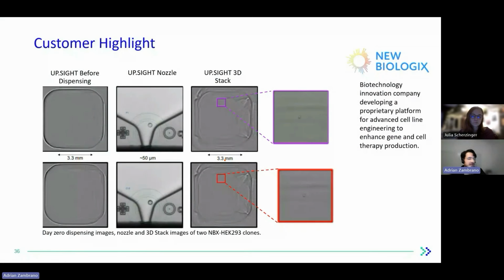Here you have the images of the nozzle during dispensing, and they have used 3D stack imaging for that. And I would say this is also a very nice story of success. And you can see here how the cells would look under 3D imaging. Feel free to check out their website as well for more information.